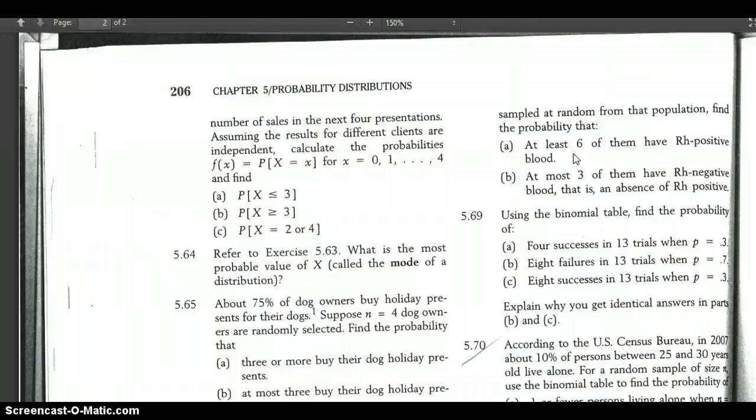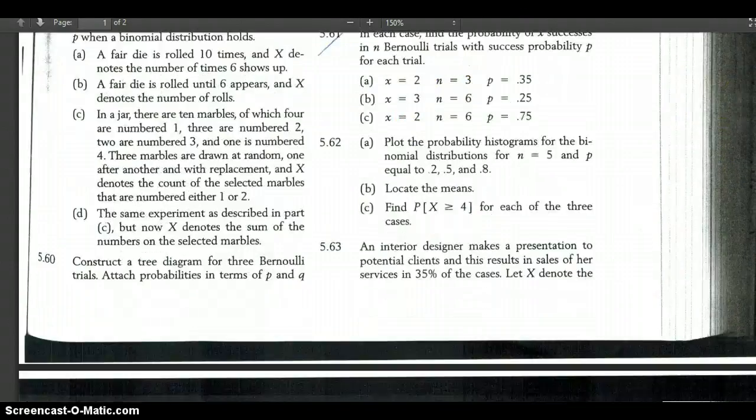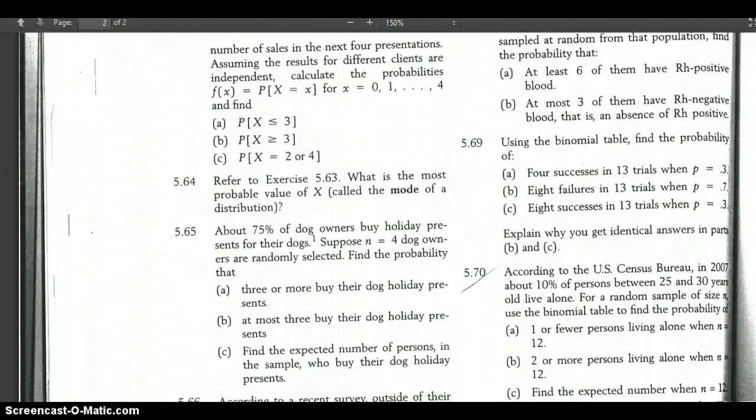So in this case, it's not asking probability like the previous question, of exactly 2 or 3 successes. Here, the success we're going to consider as Rh positive blood. So little x is not exactly equal to 6, it is greater than or equal to 6, because it can be 6, 7, or 8.